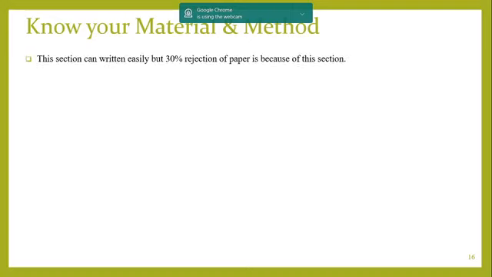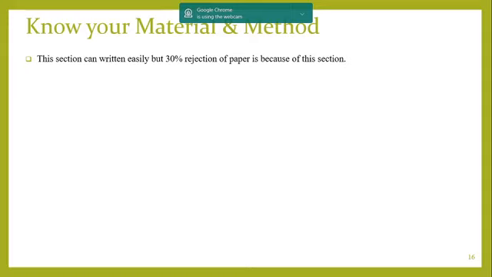Generally, it is very easy to write materials and method sections because in this section you just talk about the materials you used and what methods you have used for the research.